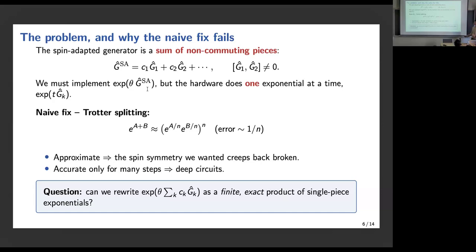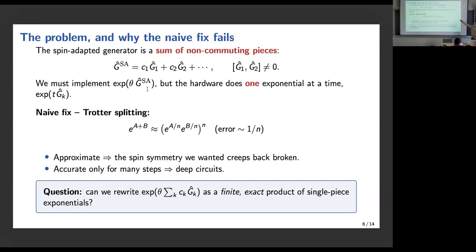generator looks like. So in general, the spin adapted generator is a sum of non-commuting operators. And to exponentiate the generator on a quantum computer, you would basically naively employ a Trotter-like approach where you can split the unitary into a product of smaller unitaries that you know how to implement.